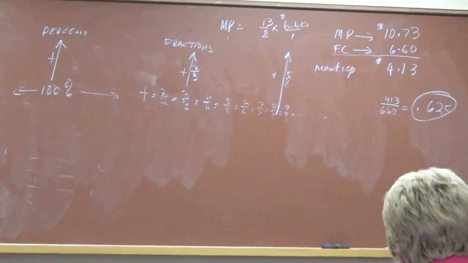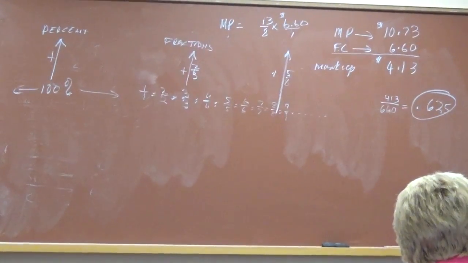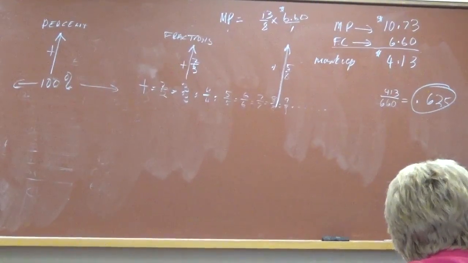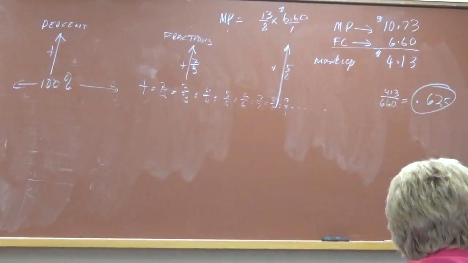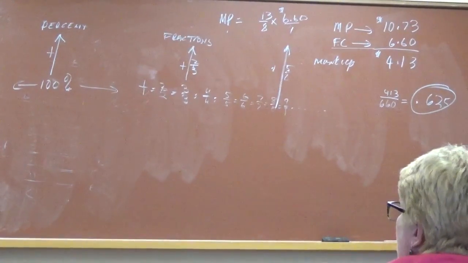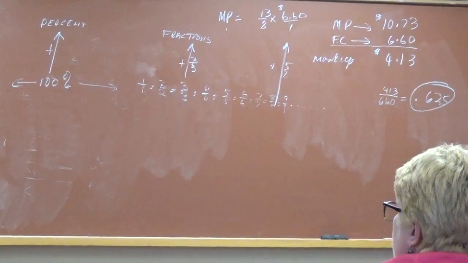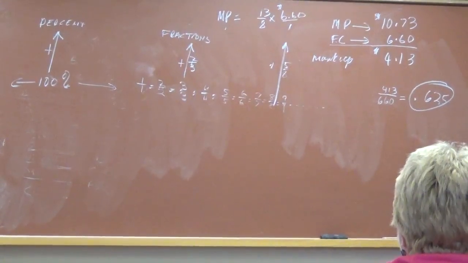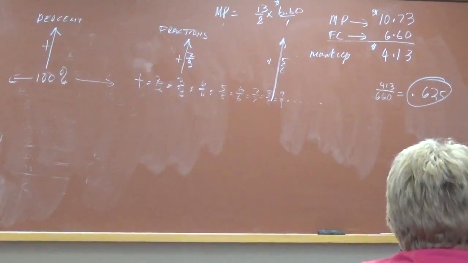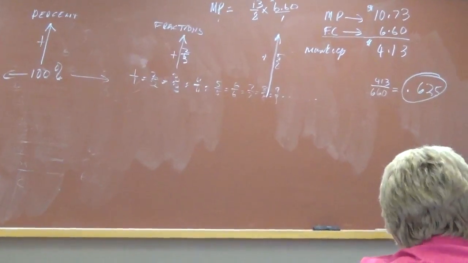So you need to charge the customer 13. 413 over 660, you can use the ABC button, but you know why you can't? Because there's nothing common between 413 and 660. So you have to change it to a decimal. So you go 413 divided by 660.